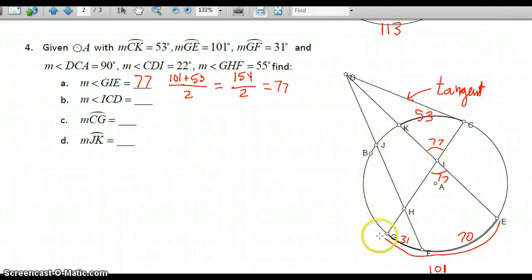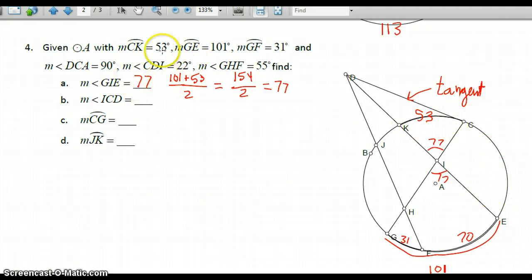I would know what KG plus CE has to equal because of the 360 and the 53 and the 101. I know what they add up to, so I could find these angles here, because they're supplementary to 77. But I can't find out what either one of them is. I was thinking maybe I could figure out this arc here at D and then do a triangle. D would have to be half the difference between CE and 53, but I don't know what that is.